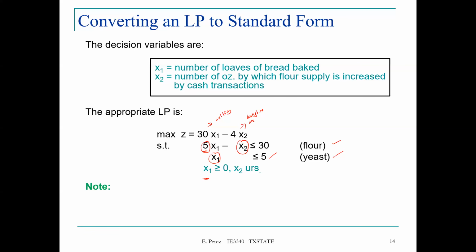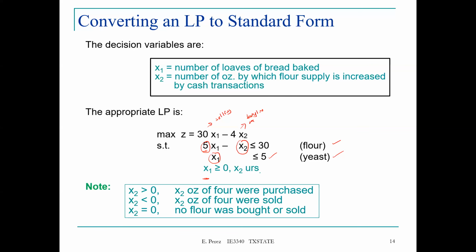So note that x2 is greater than 0 if x2 ounces of flour were purchased, and x2 is less than 0 if x2 ounces of flour were sold, and x2 equals 0 if no flour was bought or sold.